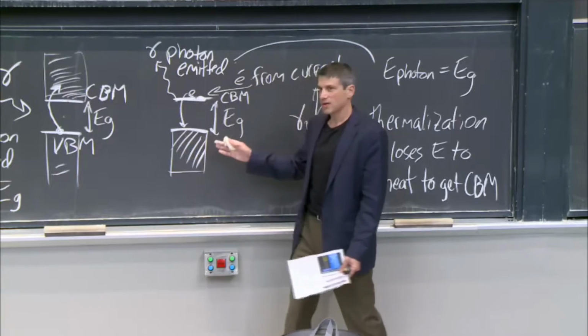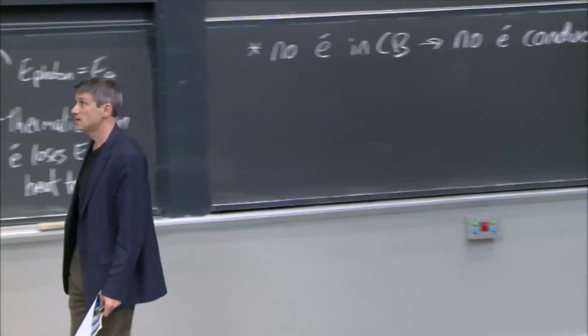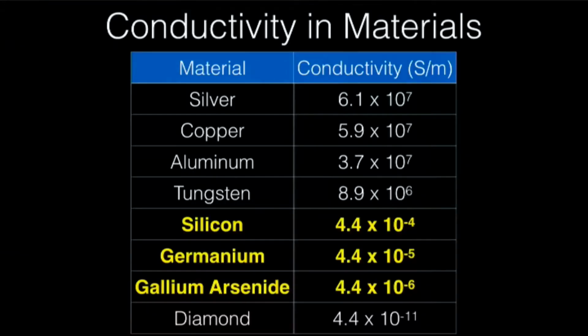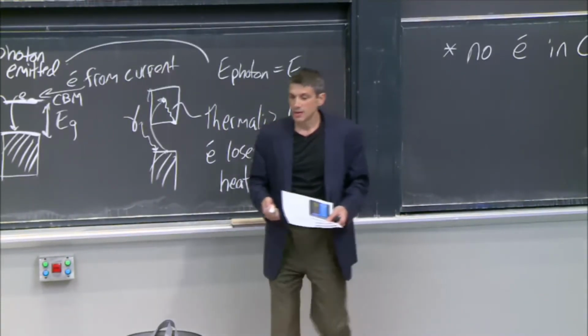Now, if I want an electron to move through a material, which is what conductivity is after all. By the way, Siemens, conductance, 1 over ohms. If I want electrons to move in a material, they need freedom. What does that mean?